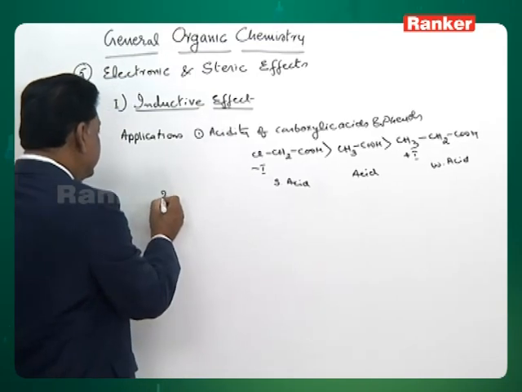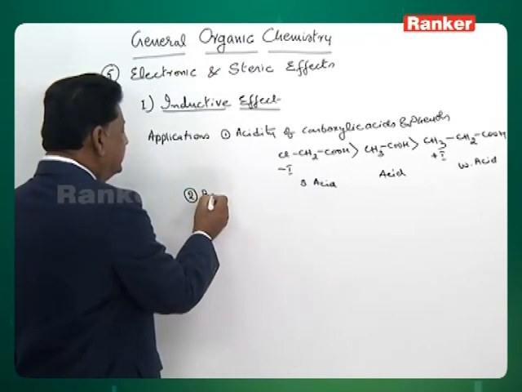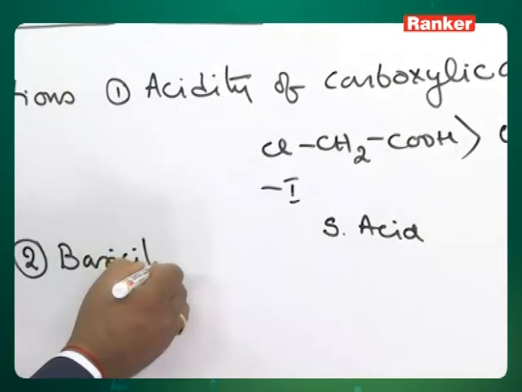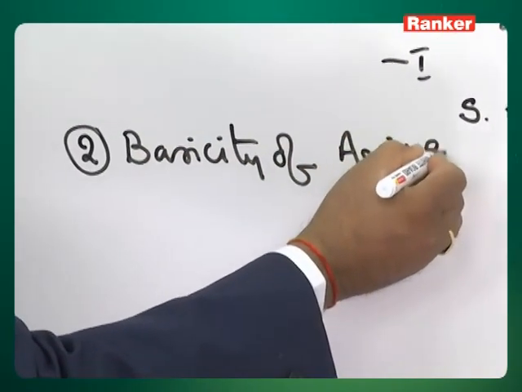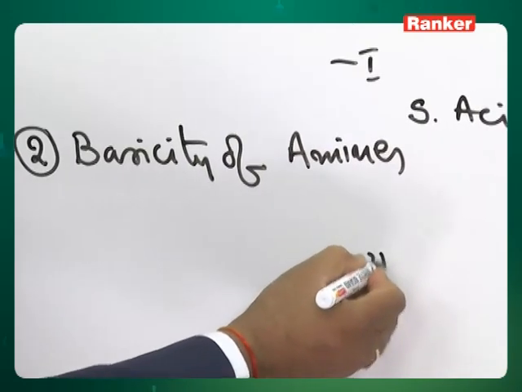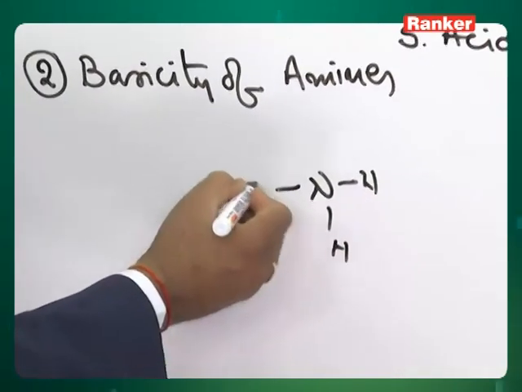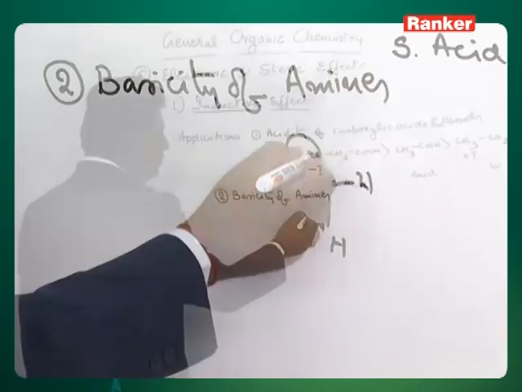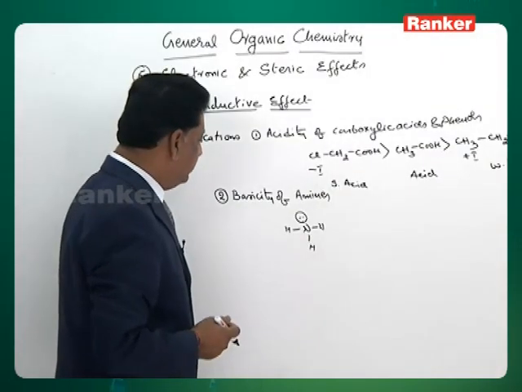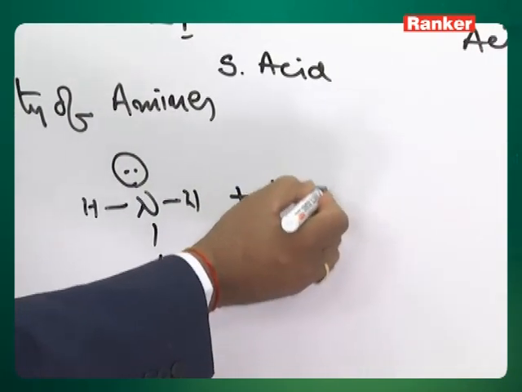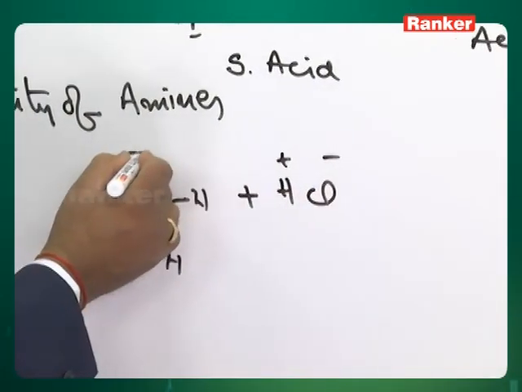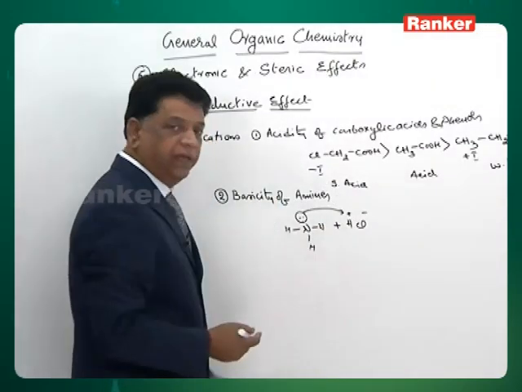Now, let us go to the second application, that is basicity of the amines. Ammonia is said to be a base as per the different hypotheses we have proposed. When HCl is added, H plus is able to receive the electrons from the ammonia.